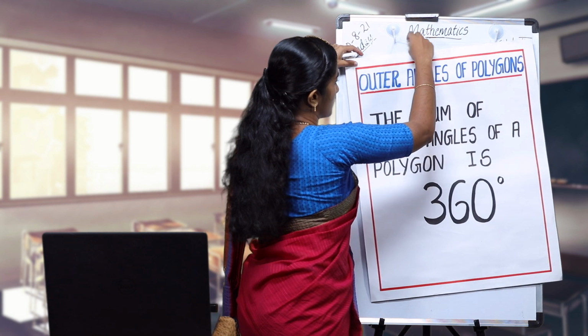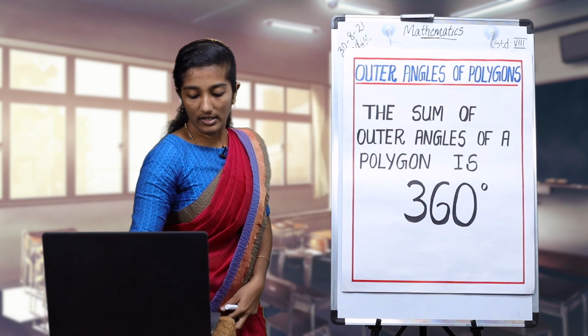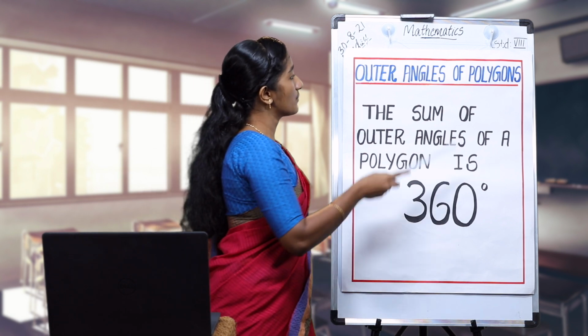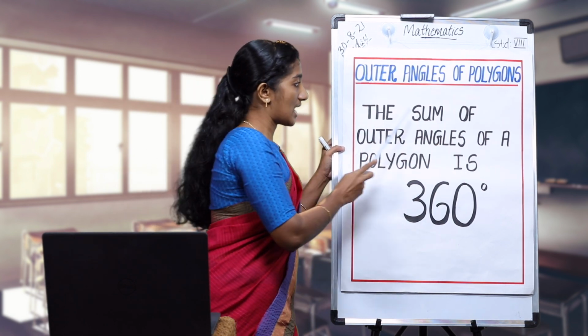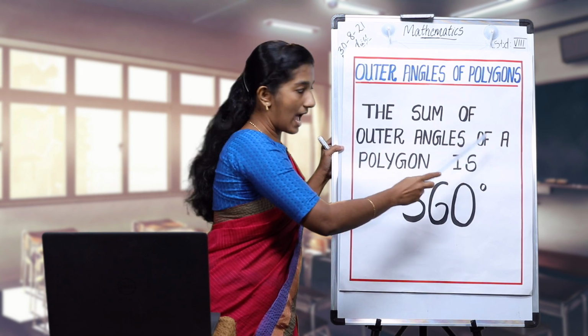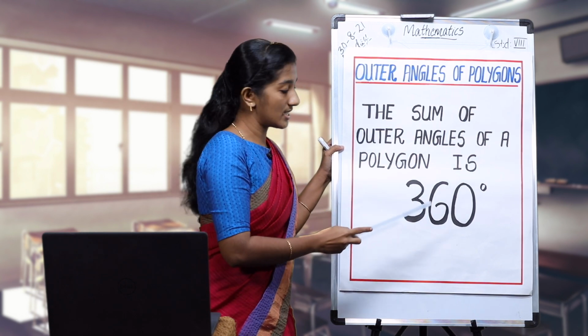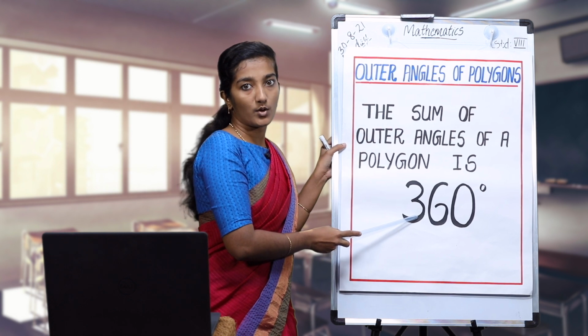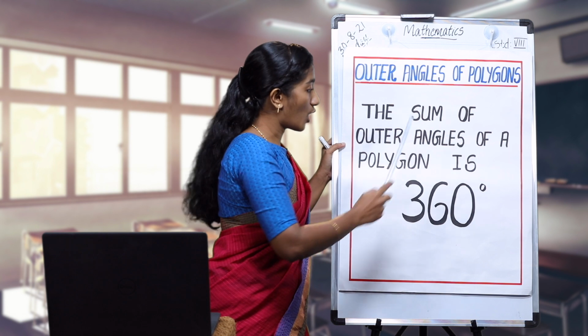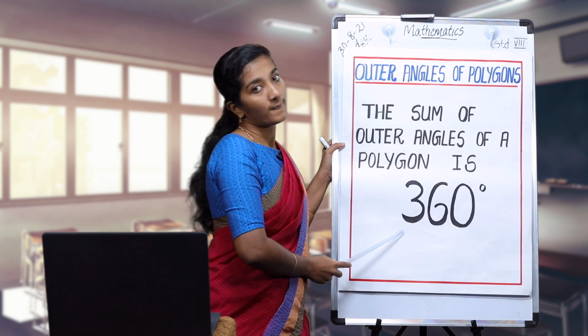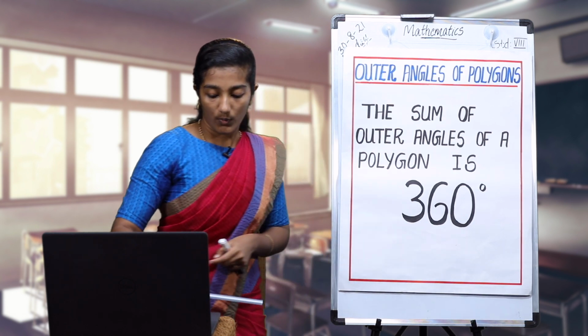Can anyone read this? The sum of outer angles of a polygon is 360 degrees. Okay, repeat this. The sum of outer angles of a polygon is 360 degrees.